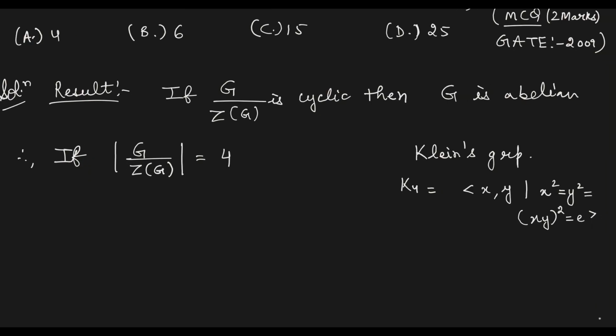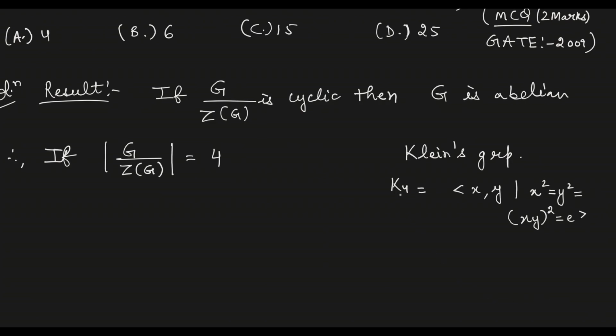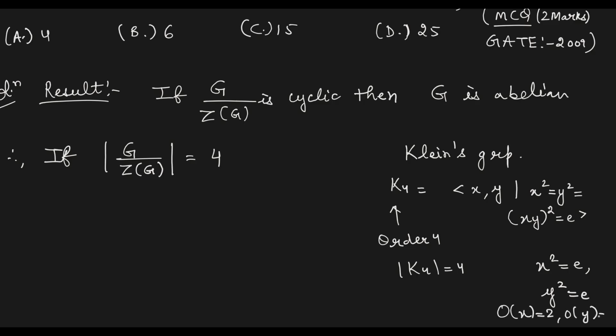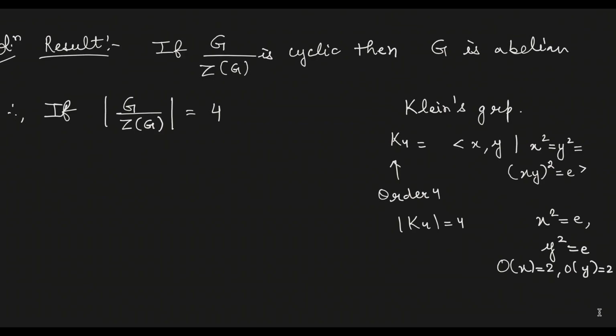The order of K4 is 4, but in this every element has order 2: x square equals identity, y square equals identity, order of x is 2, order of y is 2. Every element has order 2, there does not exist any element of order 4.